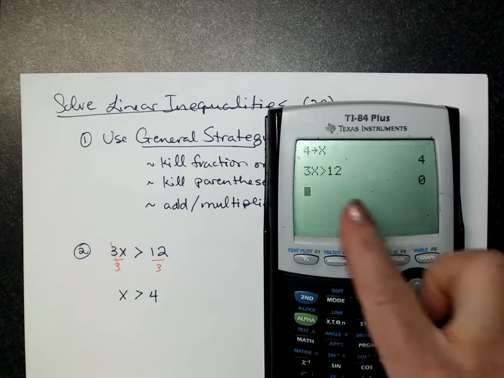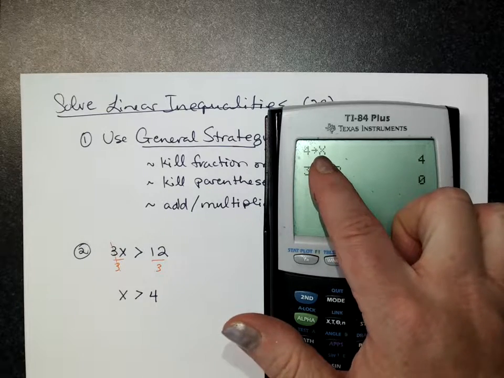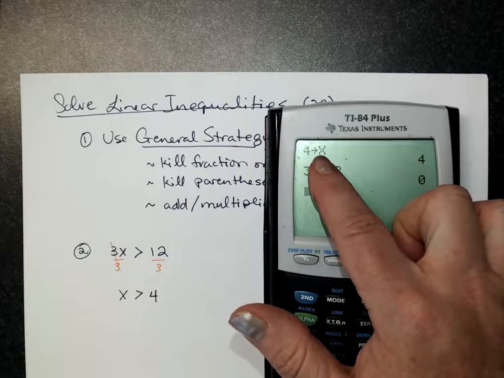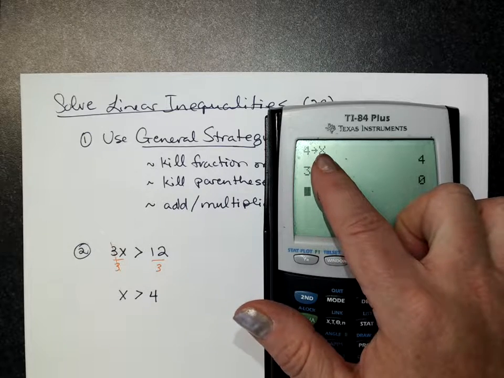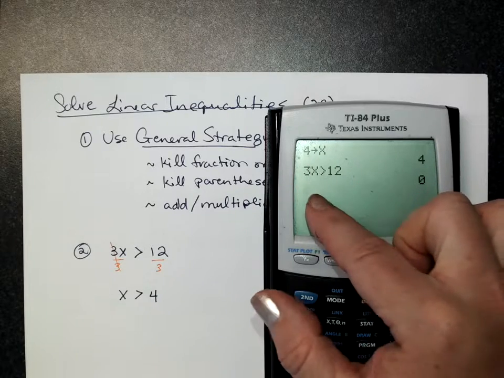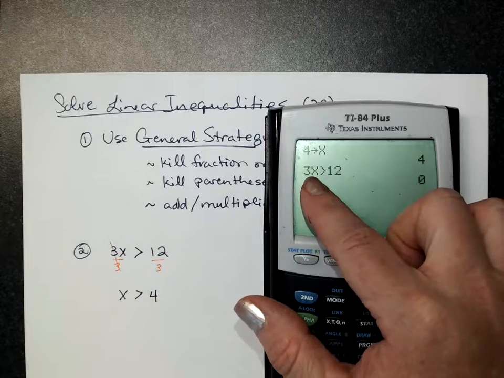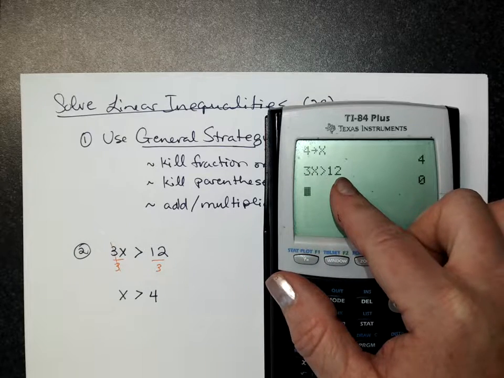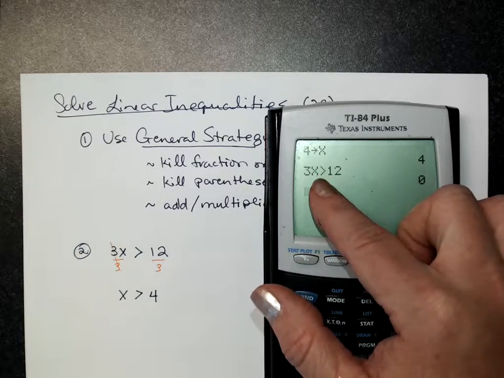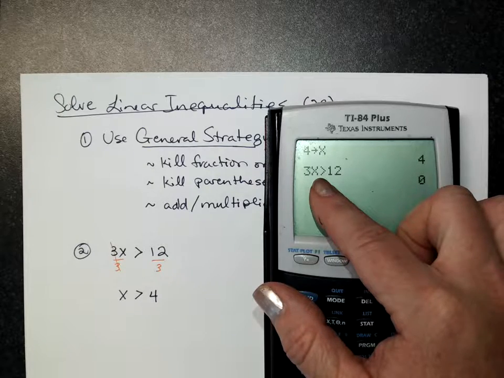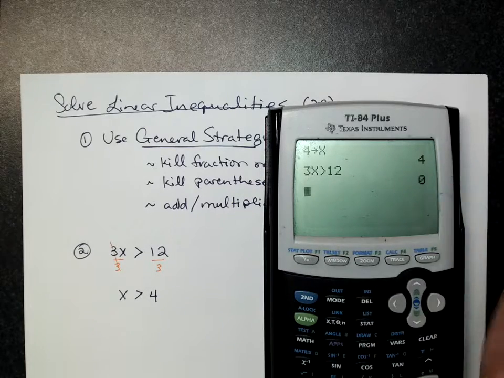Yes, but all I'm saying is that with the store button, we're saying X stands for 4, not that X equals 4. So 3 times 4 greater than 12. Oh, wait, but it's the greater than symbol, so it should be okay. Oh, yeah, I see what you're saying.